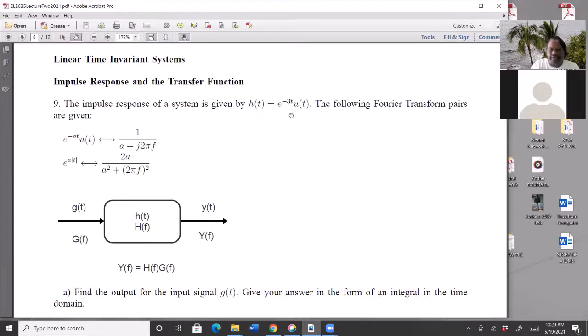You know the impulse response, which is the output for the impulse function delta t, but part A says find the output if the input is g(t). You know from signals and systems that the output is the convolution of h of t with your input.